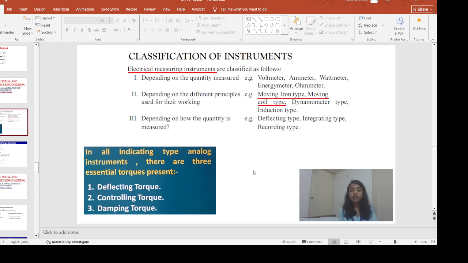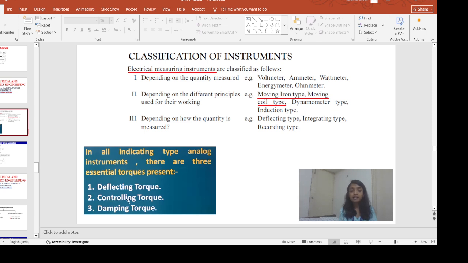Alright. That means if there is a scale, on that scale the pointer deflection will be observed. Due to the deflecting torque, the pointer will move from left to right, and due to the controlling torque, the pointer will move from right to left.